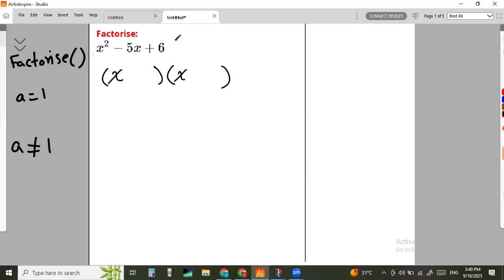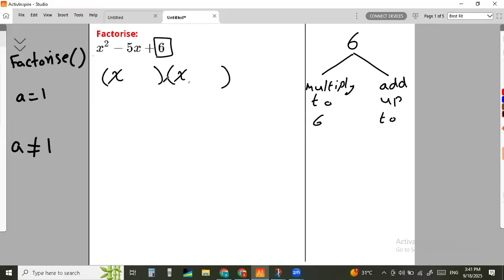All right, now you need to ask yourself, you see the C here? This 6? Write it over there in the draft. Ask yourself, I need two numbers that multiply to give 6, and the two numbers that add up to -5.